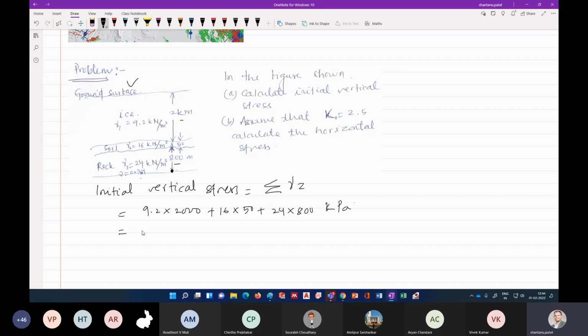Whatever this is, that is the value. Let's say I didn't calculate it.